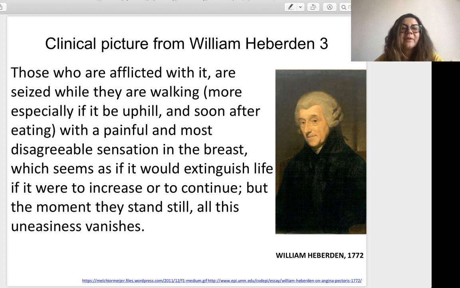Those who are afflicted with it are seized while they are walking, more especially if it be uphill and soon after eating, with a painful and most disagreeable sensation in the breast, which seems as if it would extinguish life if it were to increase or to continue, but the moment they stand still, this uneasiness vanishes.